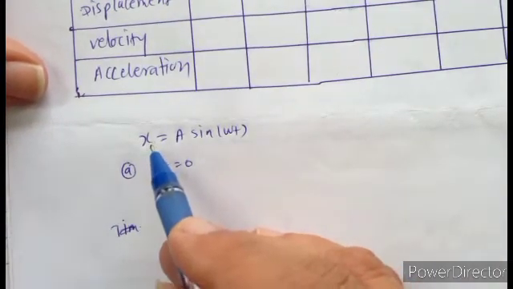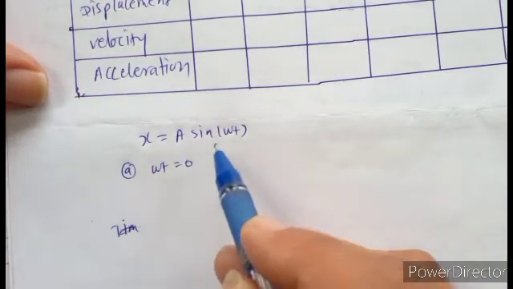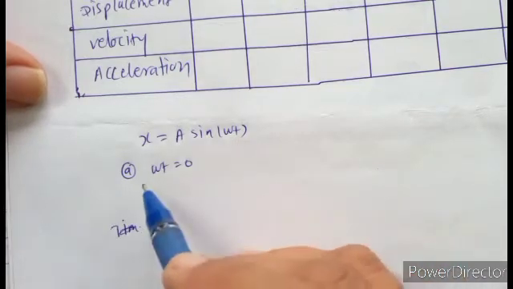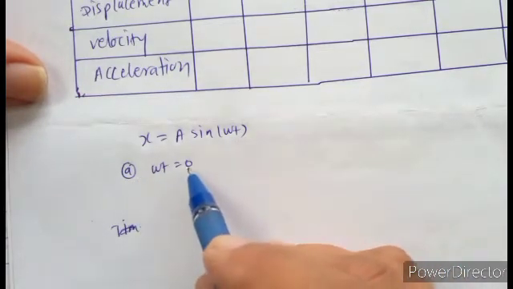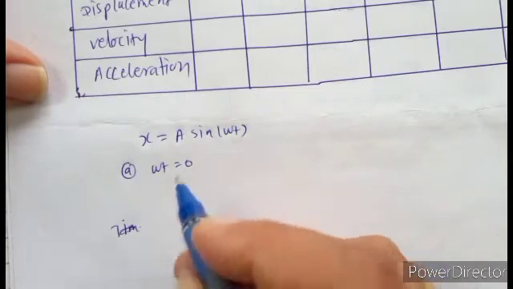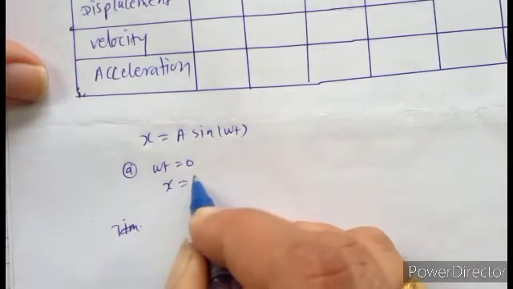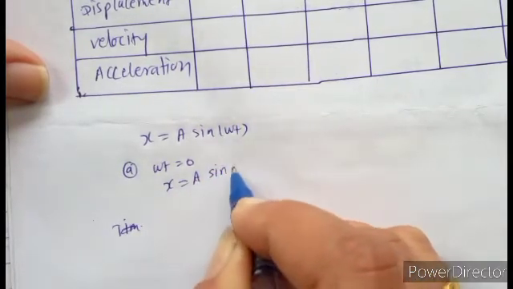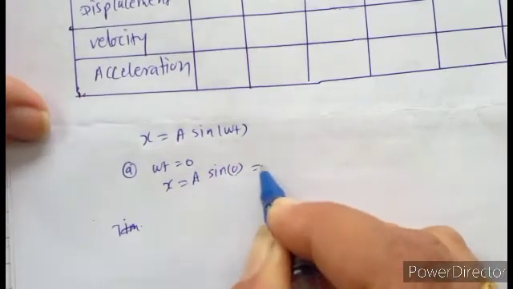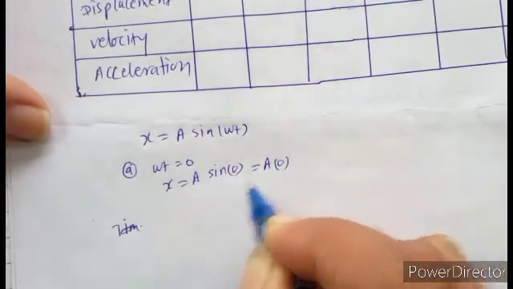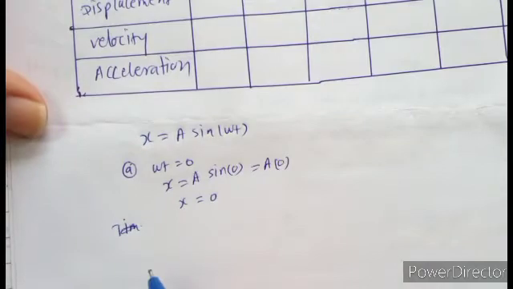For calculation of displacement, x is equal to A sin omega t. For the first value of phase, omega t is equal to 0, x is equal to A sin 0, and sin 0 is always 0, so we get x is equal to 0.